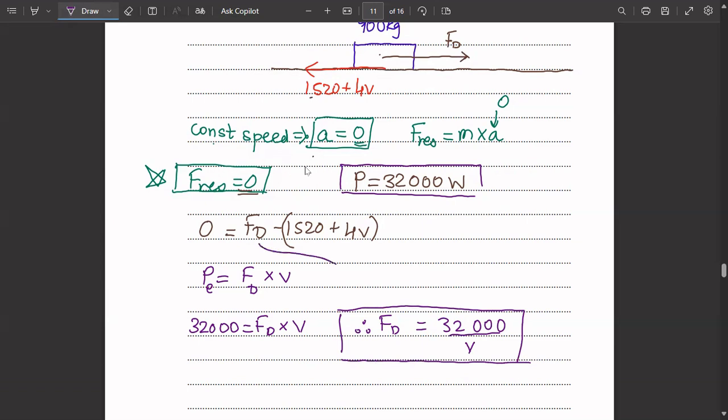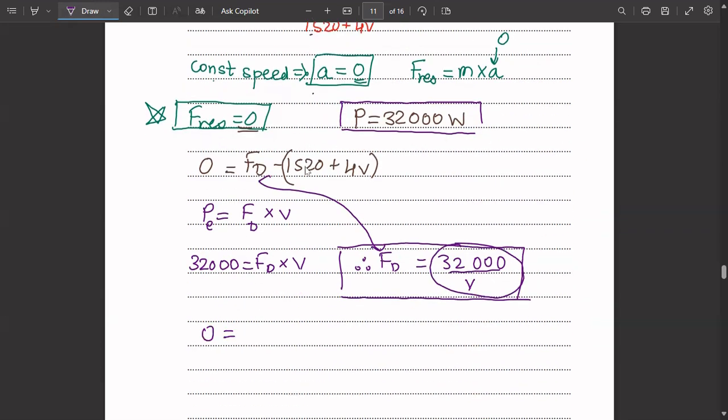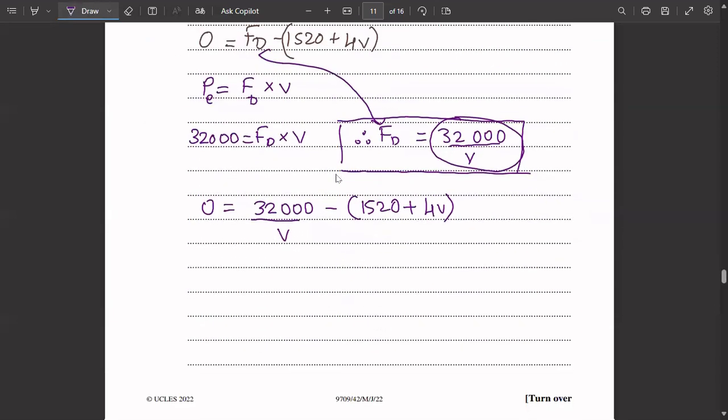So now instead of the driving force here, I will write 32,000 upon V. So 0 equals 32,000 upon V minus 1520 plus 4V. And now we'll take this there.